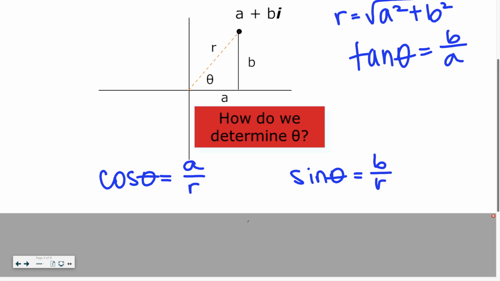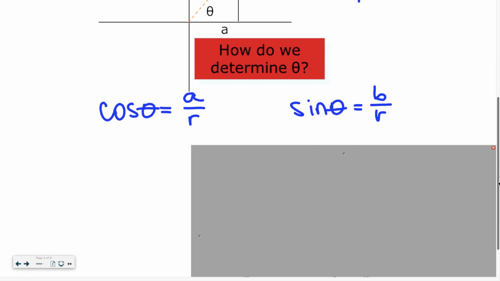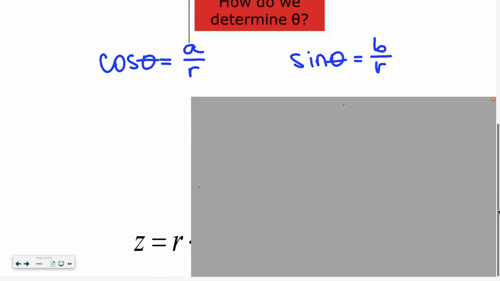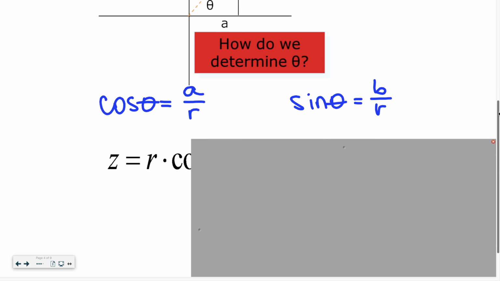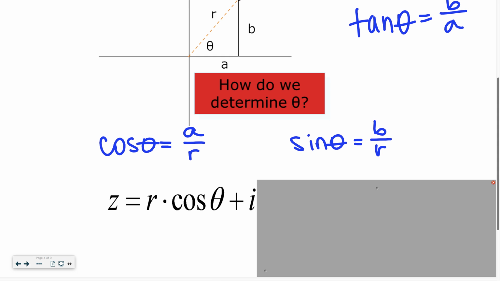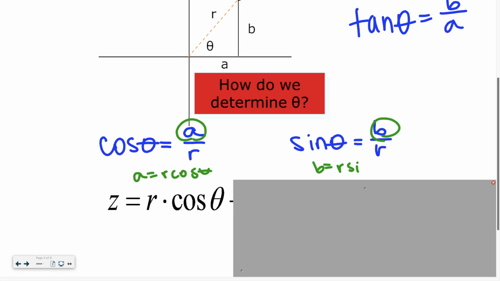So if we wanted to rewrite a plus bi, instead of a, we could write r cosine theta, because when I solve for a, this r would get multiplied over. a is the same thing as r cosine theta, and b is the same thing as r sine theta.